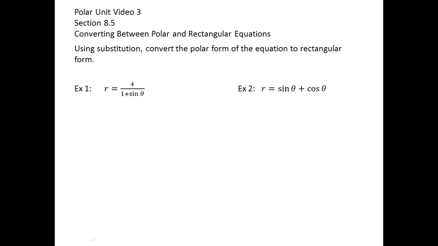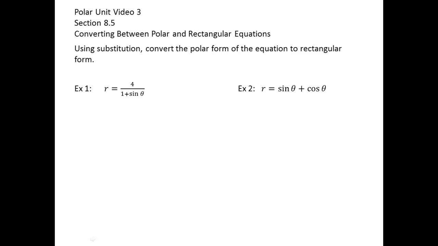So you'll find it very similar to the identities chapter, except we only have those 4 relationships. That's it. There are no others. So as we work here, I want to eliminate all r's and all values of theta and replace them with what we know about x and y. To do this, I recognize that I have an r and I have a sine of theta, but they're actually not together. So I'm going to work to put them together so that they have that connection of r sine of theta, which we know.